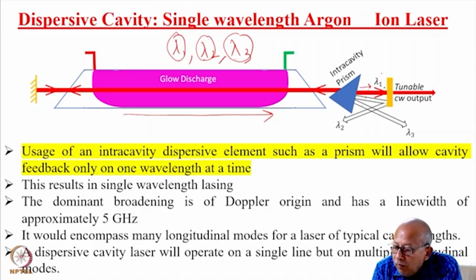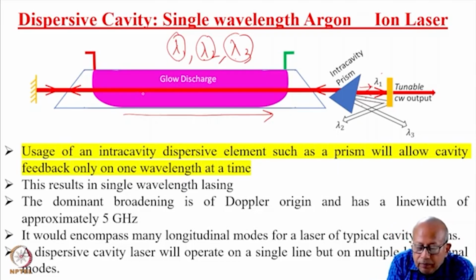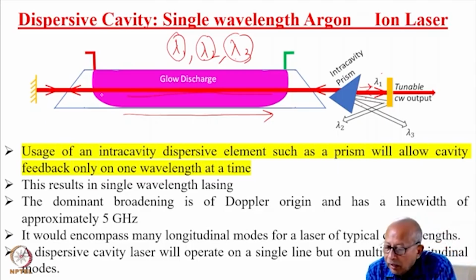And therefore, this wavelength alone will be able to oscillate back and forth inside the cavity, and it will grow. The other wavelengths, which fall on the output mirror obliquely, like lambda 2 or lambda 3 here, you can see miss the output mirror altogether.